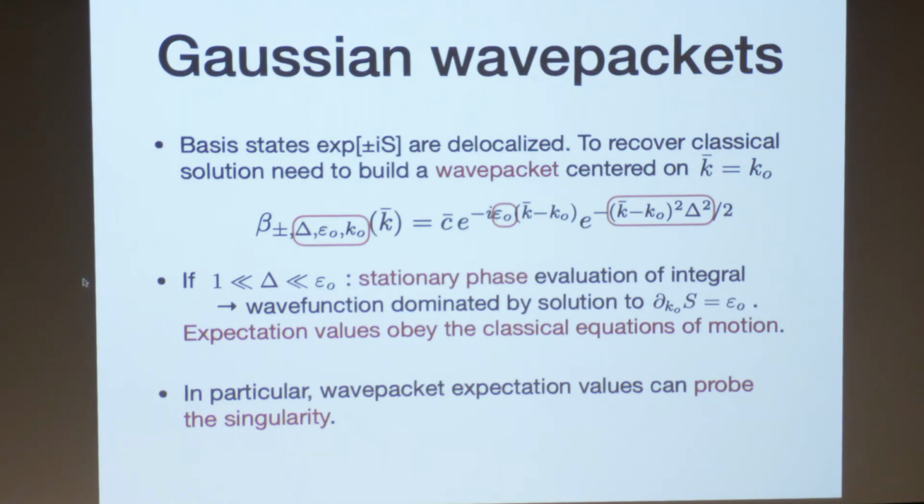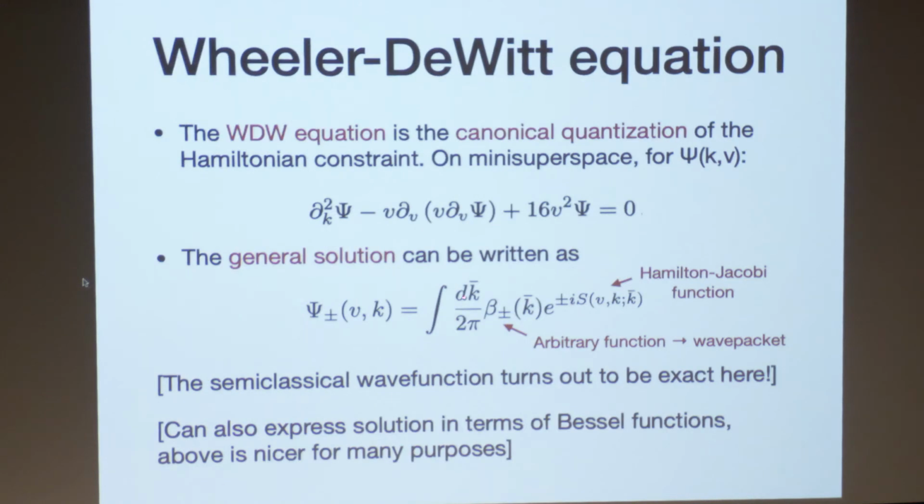So it's natural when epsilon 0 is large, which it is here, to do a stationary phase approximation on the integral. When you do that, you're integrating over k bar, so the saddle point is dS/dk bar, which was exactly what was in the Hamilton-Jacobi stuff.